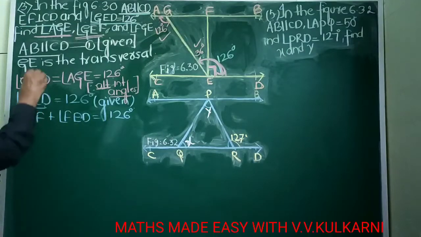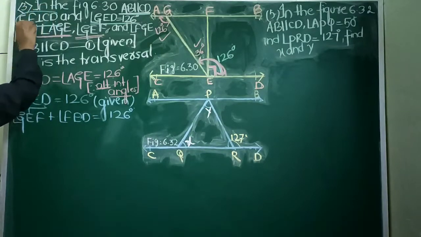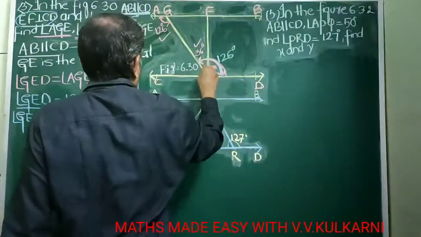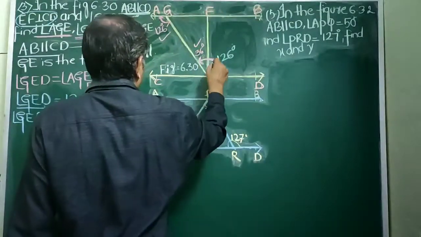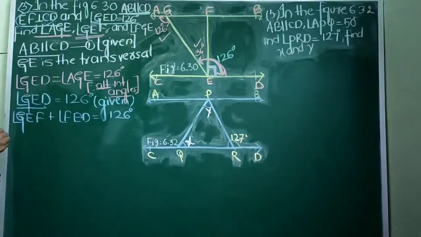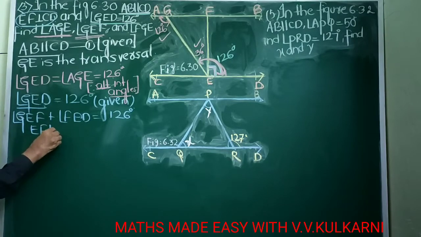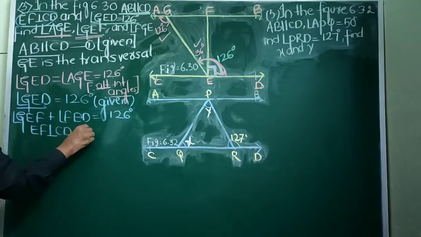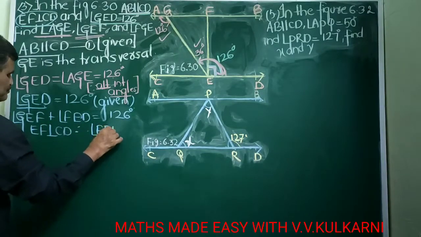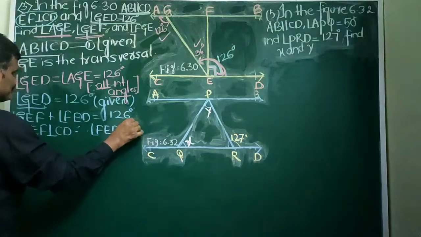But let us use the third hint. The third hint says EF is perpendicular to CD. If EF is perpendicular to CD, then this angle is equal to 90 degree. So it is given that EF is perpendicular to CD. Therefore I can say that angle FED is equal to 90 degree.